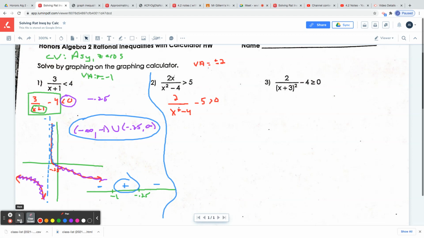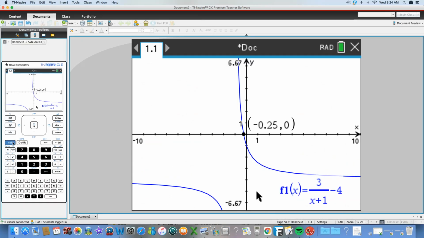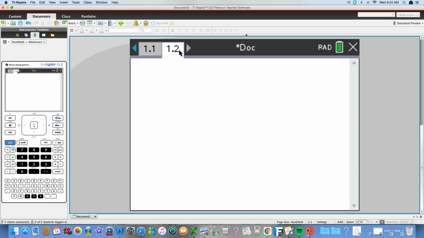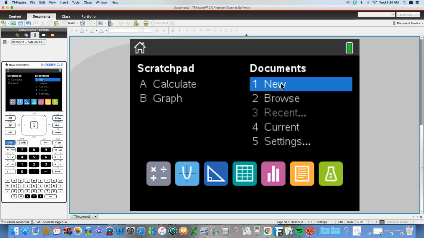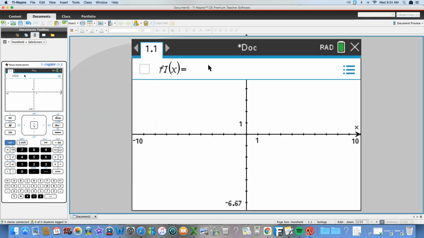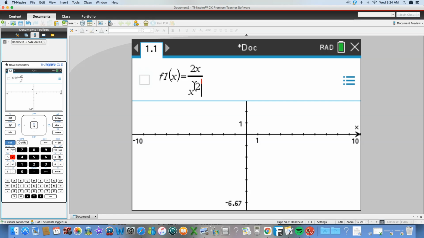I'll bring mine up here in a second so I can graph mine. 2x over x squared minus 4 minus 5.